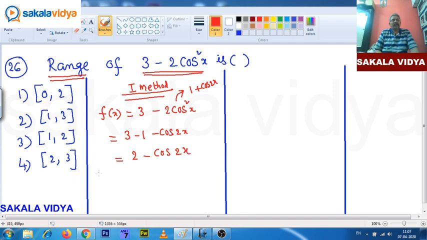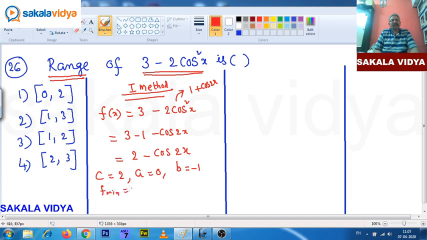So, from the formula, C is equal to 2, there is no sine term, A is 0, B is equal to minus 1, the cos 2x coefficient. So, we need to find F minimum.